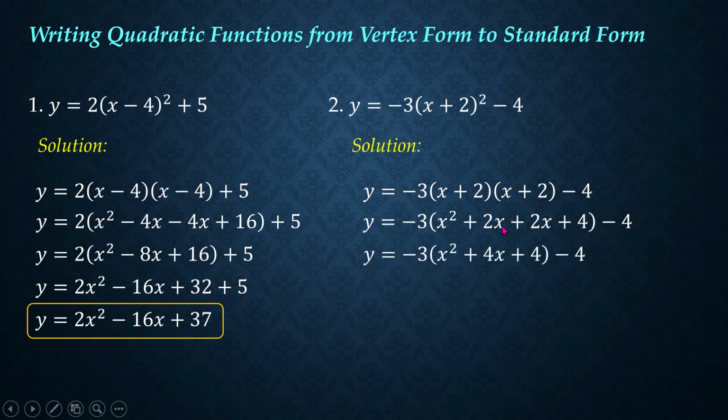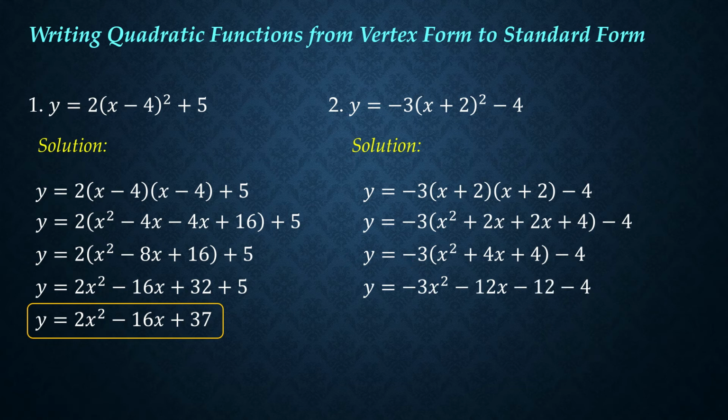Next part is to add the two middle terms, two 2x, so that is written as 4x. If we write again the solution, that would be y is equal to negative 3 times x squared plus 4x, because we added the two 2x, then plus 4, bring down minus 4. The parentheses are still there, which means there is a number to distribute, and that is negative 3.